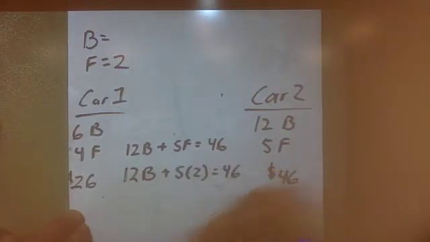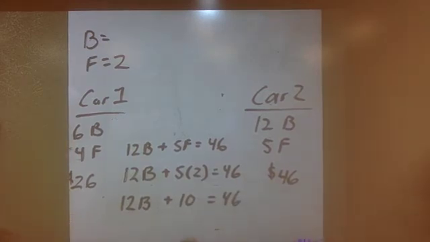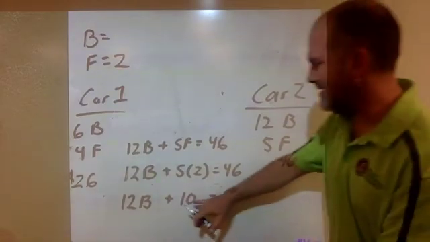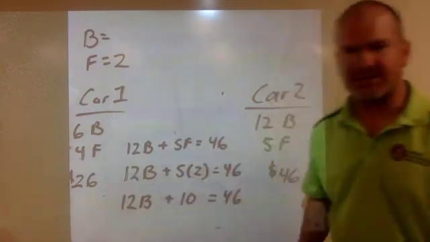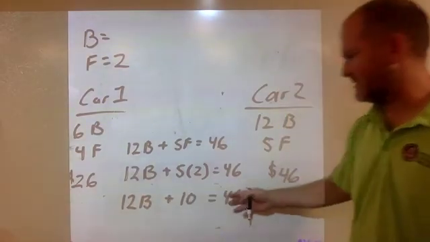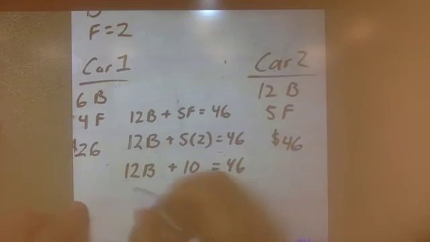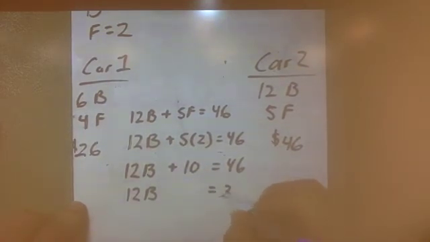So all I did was substitute in the 2 for F, and I got a 10. So they spent $10 on fries. They spent $46 total. So if they spent 10 on fries, they must have spent 36 on burgers, because 36 plus 10 is 46. And you'll see that when you solve for B, you subtract 10 to the other side, and sure enough, 46 minus 10 is 36.